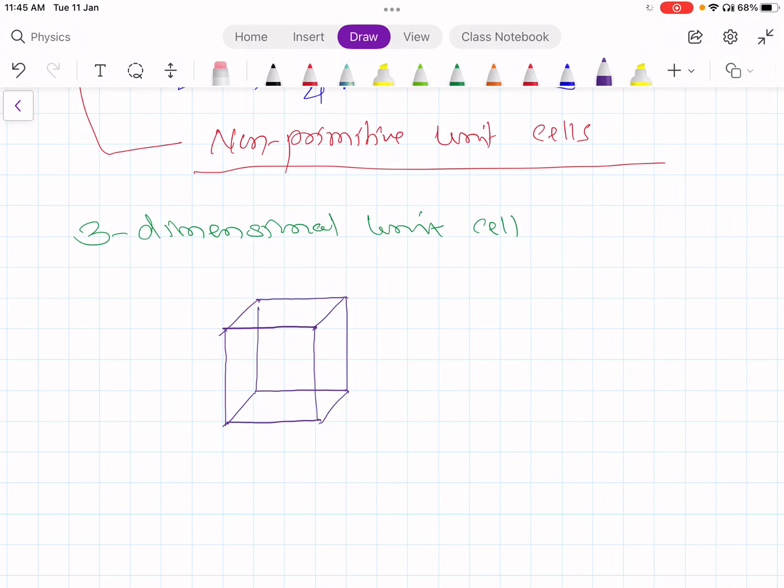For a three-dimensional unit cell, there are eight corners. And to understand it correctly, let us consider monoatomic crystals here. When we say monoatomic crystals, it means every lattice point in the space lattice is associated with only one atom.